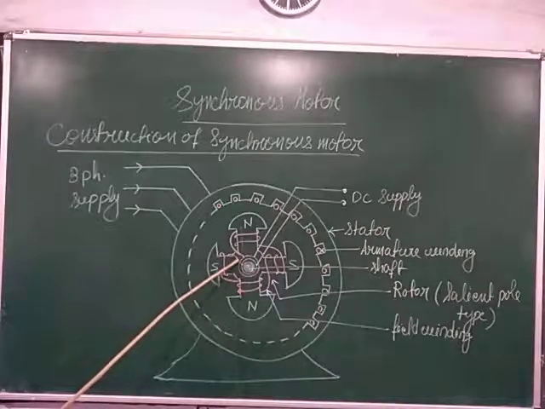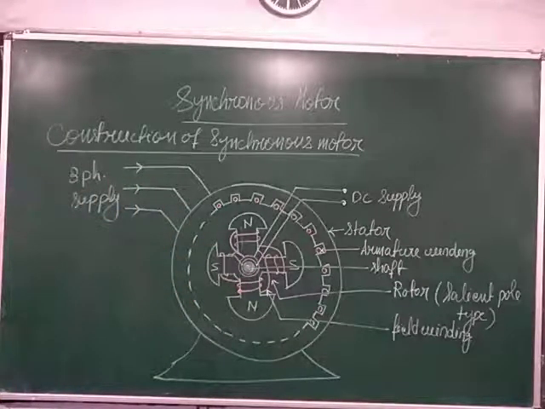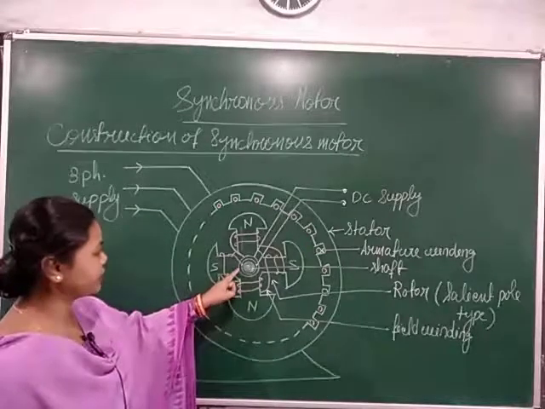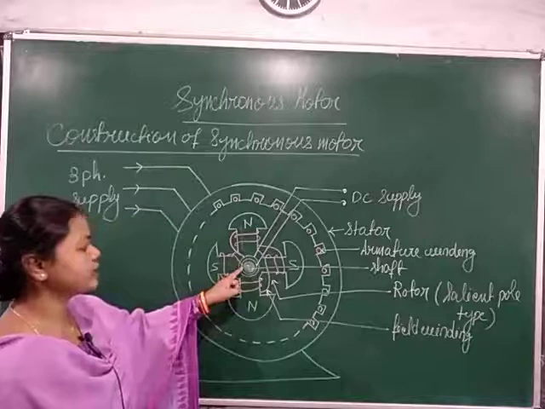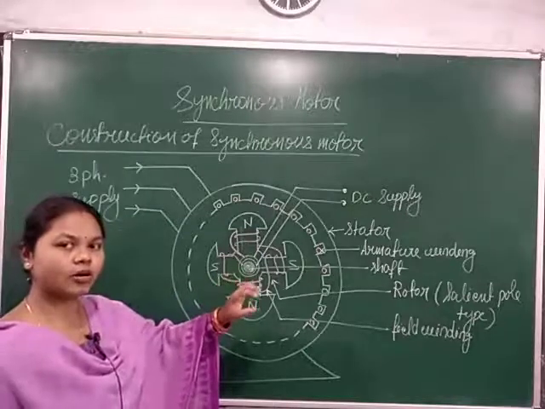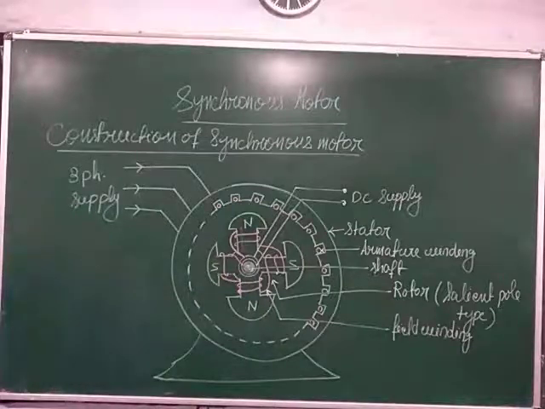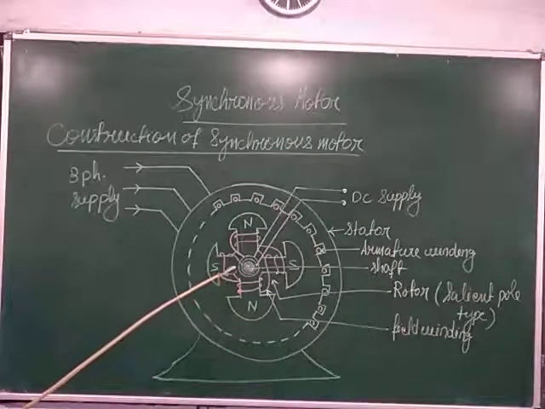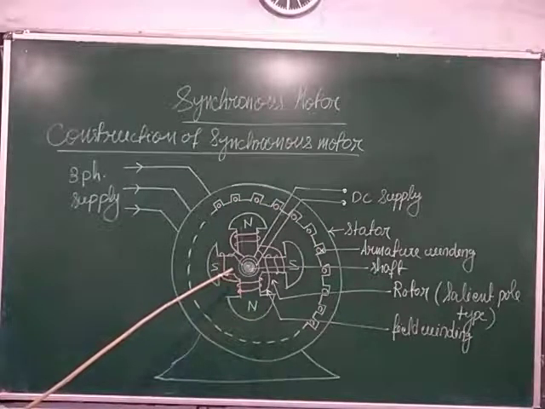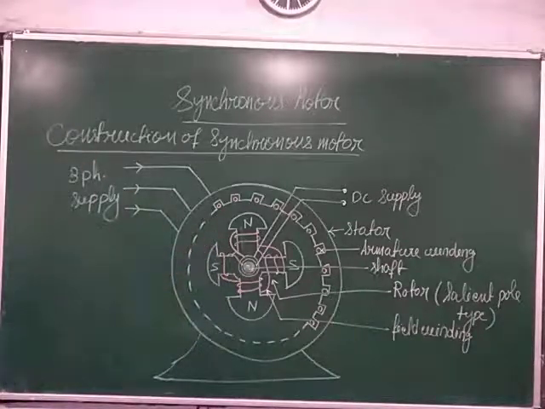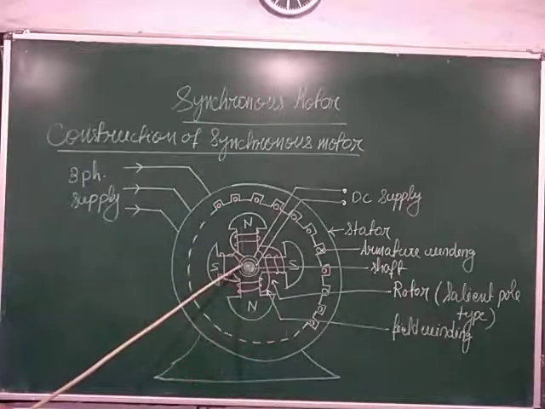Actually these two rings are the slip rings, and these two slip rings are attached with brushes, and the brush is held by brush holders. Then next, two end shields to house the bearings. No bearings are shown here, but there are two end shields to house the bearings that support the rotor shaft. This one is the rotor shaft.